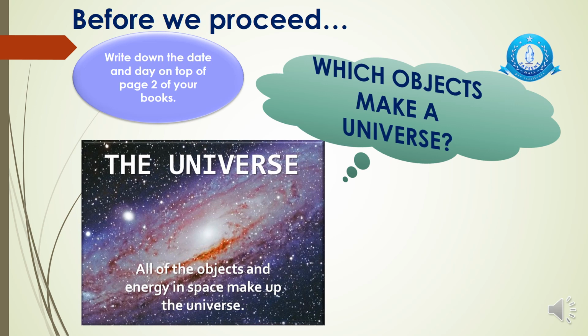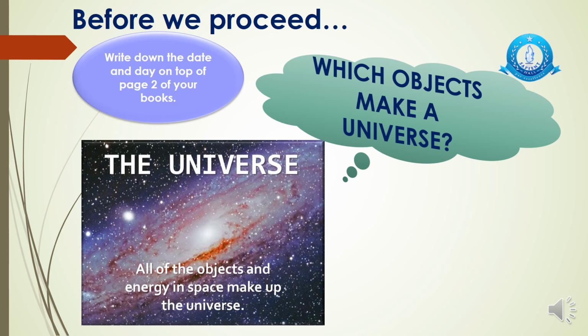All of the objects and energy in space make up the universe. All the objects means we have studied about stars, planets, moons. There are other heavenly bodies like asteroids, meteoroids, comets, and many other objects. Dust. Then we have rocks and certain other things, gases, all these things, and the energy these things are having.